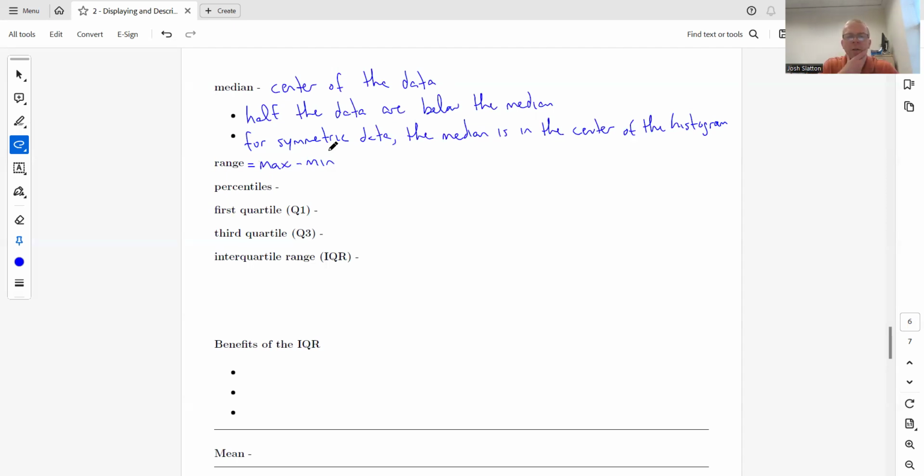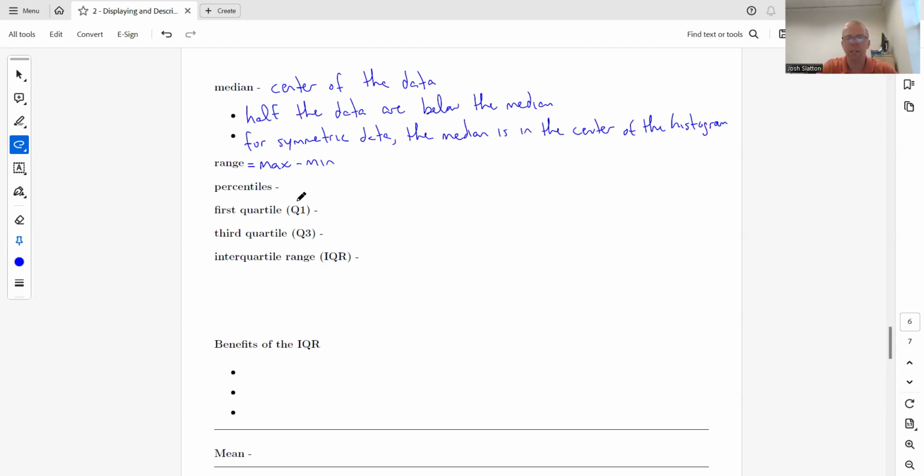Percentiles, I'm sure you've heard this if you took, say, your SAT or your ACT or some other standardized test. And you got your scores back and it said you're in the 80th percentile or the 70th percentile or the 95th percentile. What does that mean?